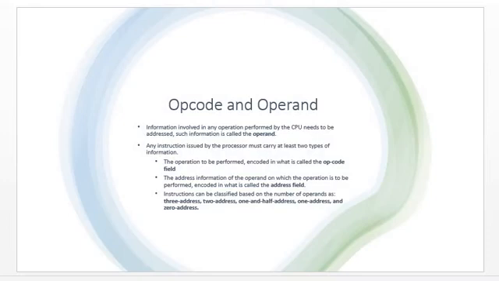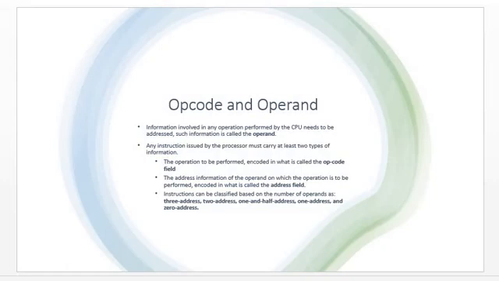And we want to use a mathematical expression to demonstrate the concept of an opcode and an operand. So let's say we have 3 plus 3. When we look at 3 plus 3, the operation to be performed is the addition, which is the plus. So the plus sign becomes what? Our opcode.